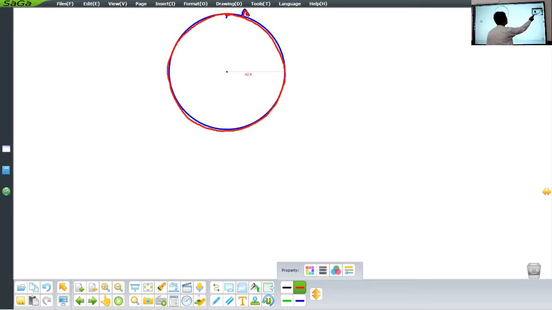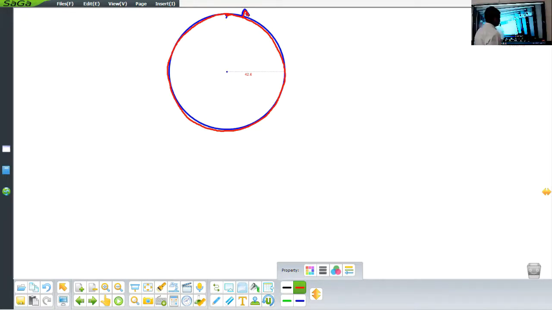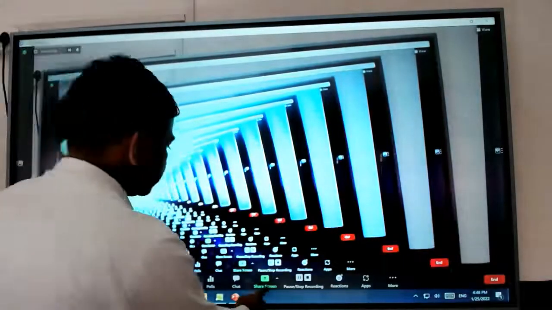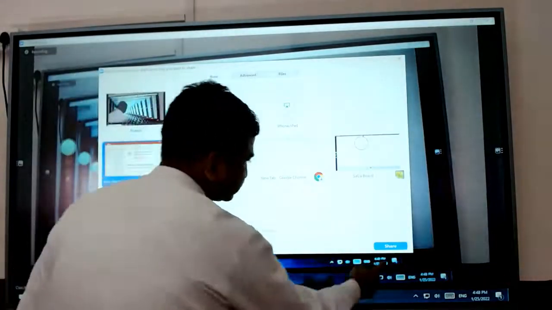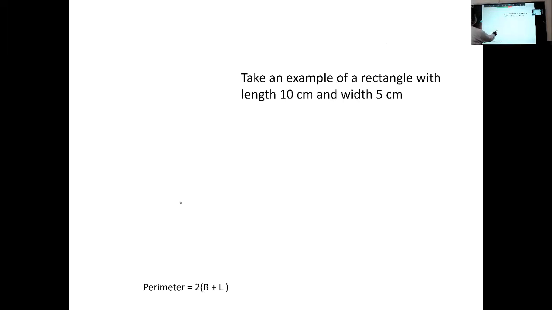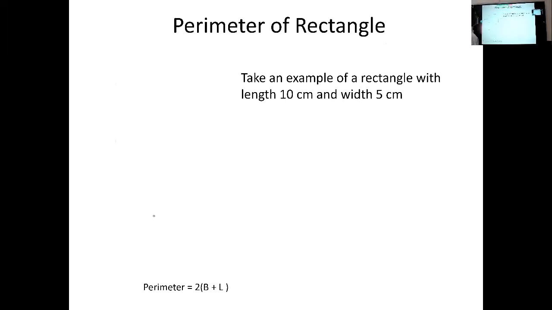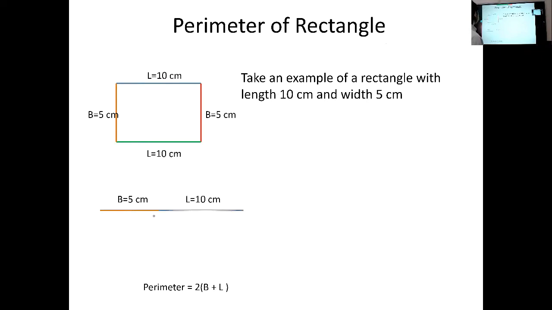I am now switching to my presentation so that we will see how to calculate the perimeter. We'll see the perimeter of a rectangle first. We'll take a rectangle with length 10 centimeters and breadth 5 centimeters. You know that a rectangle is a figure where the opposite sides are equal in length and parallel to each other.